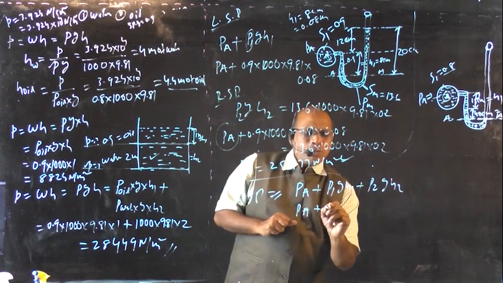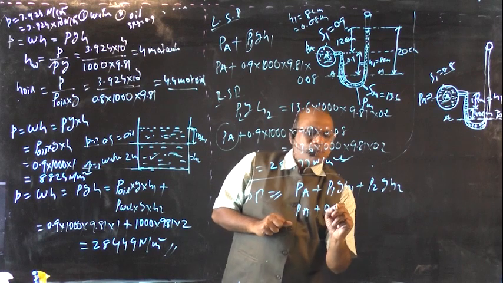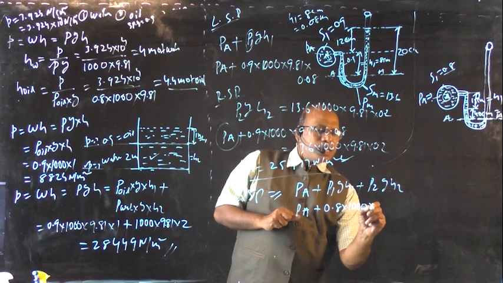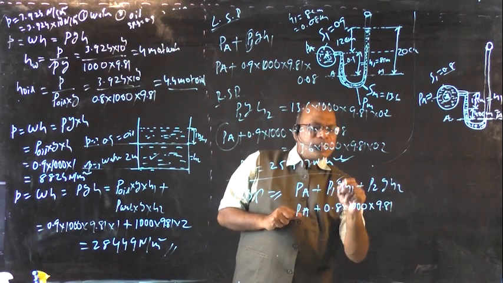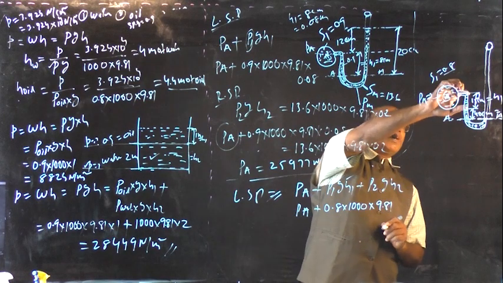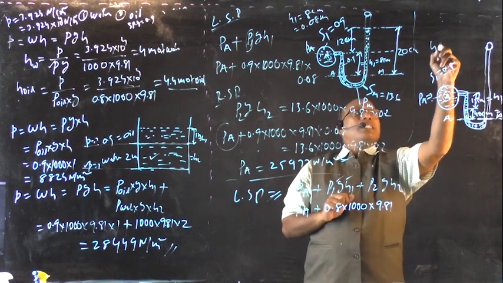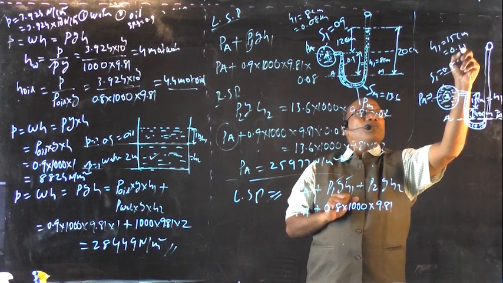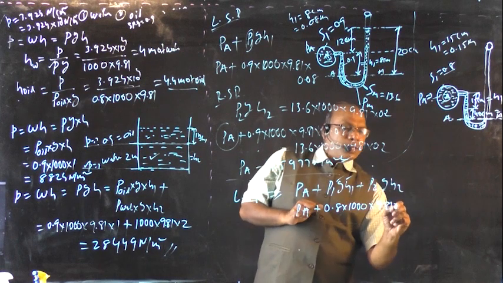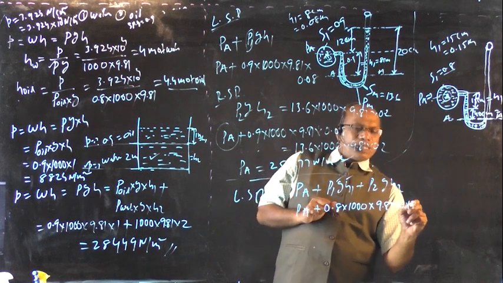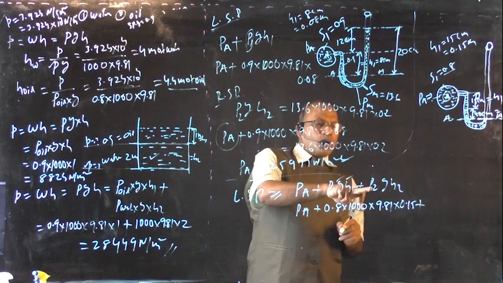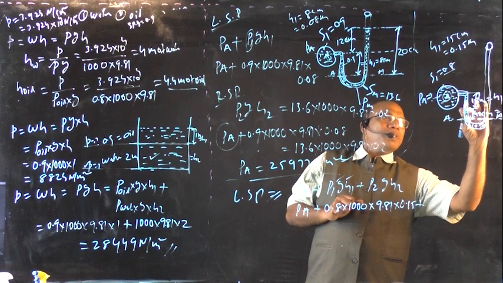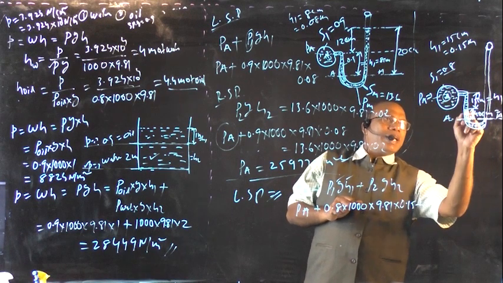Therefore rho 1 is equal to 0.8 into 1000 into 9.81 into H1, where H1 is 15 centimeters, that is 0.15 meters, into 0.15 meters, plus rho 2 g H2. H2 is the depth of the column, and the corresponding liquid is mercury.